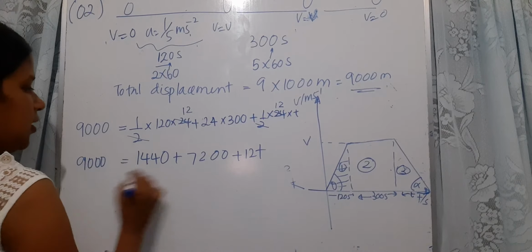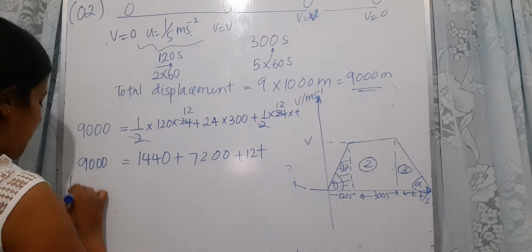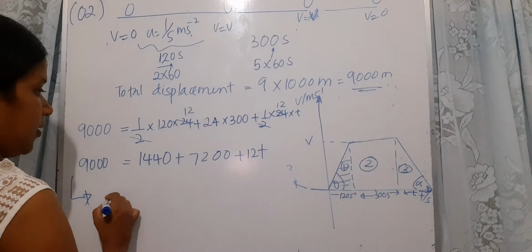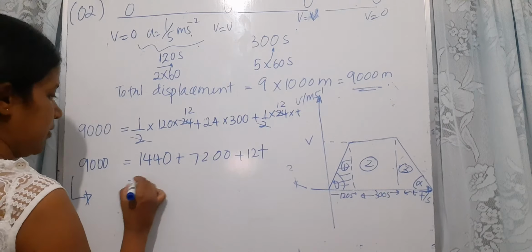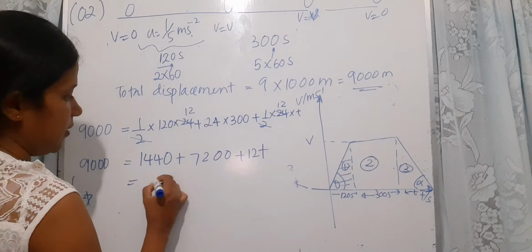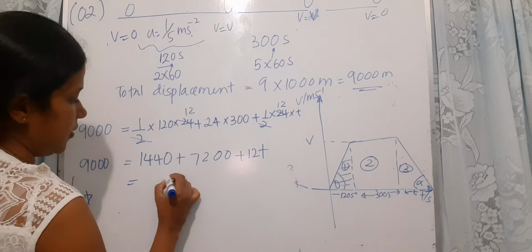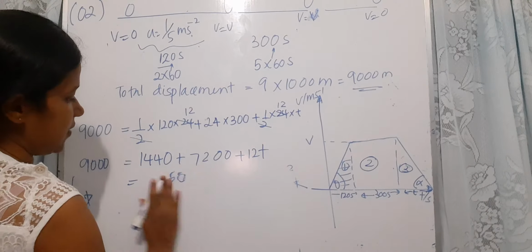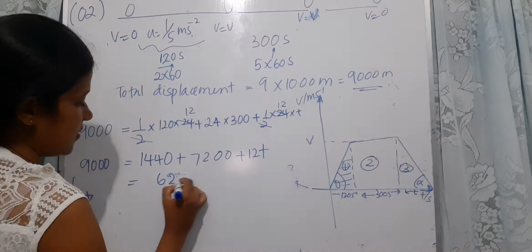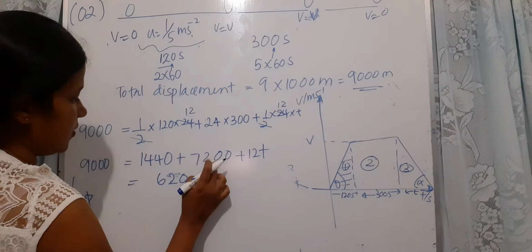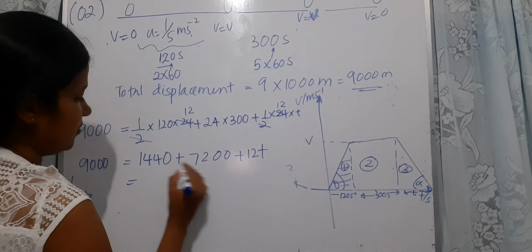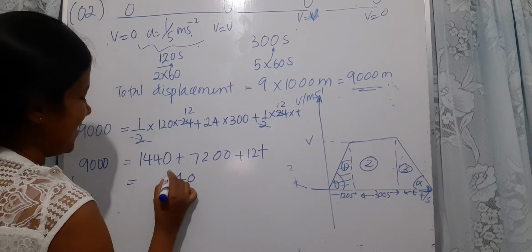6,000. Now I can write this total is 40.